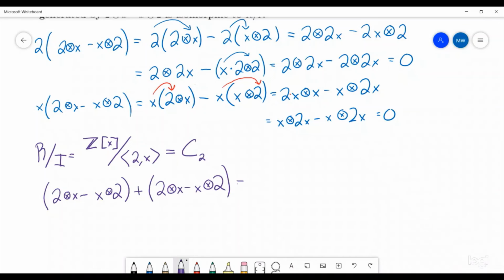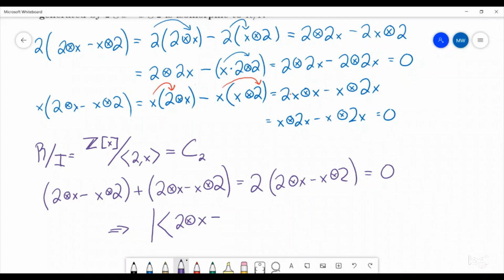Well, this is just 2 of those, which we already showed goes to 0. So that means that the size of the submodule generated by 2 tensor x minus x tensor 2 is 2 as a group under addition, and so there we go. That is enough to show this is the case.